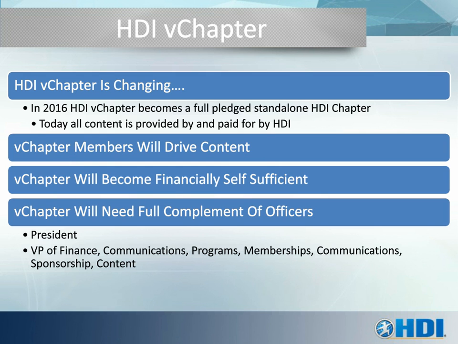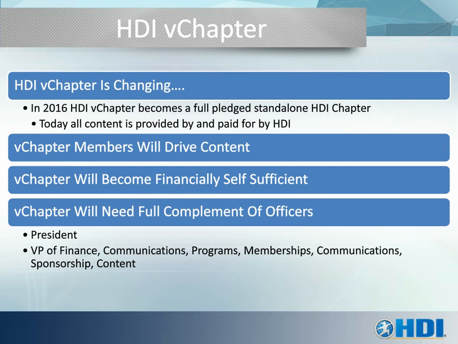The advantages to this are that V Chapter members will drive all the content. We'll decide as a chapter what we want to preview, what we want to talk about, and how to do that. The V Chapter also becomes financially self-sufficient. We will have to find our own funding through sponsors or other means to keep the chapter up and running. We will also need to get a full complement of officers.